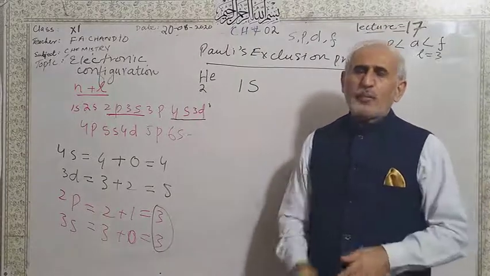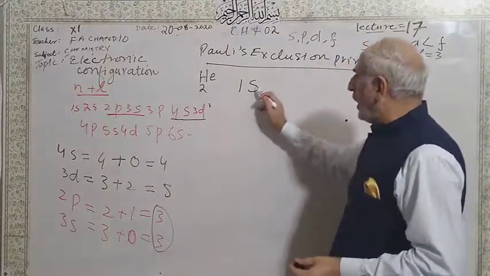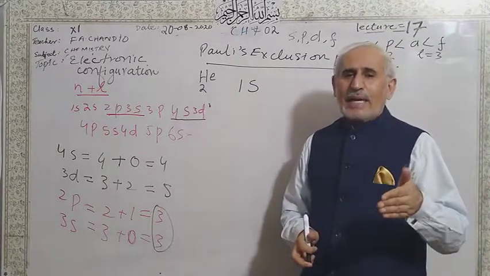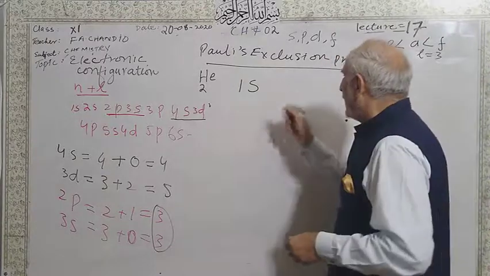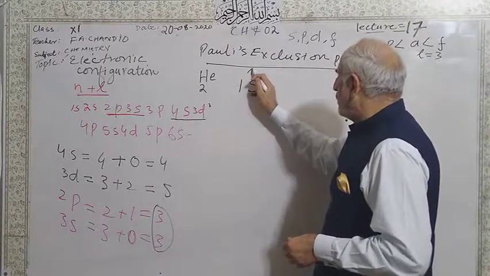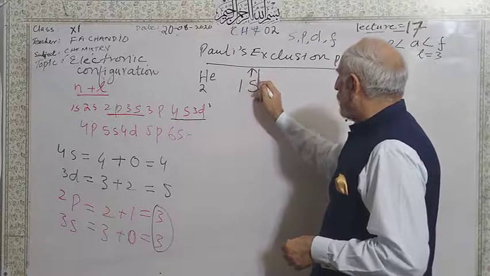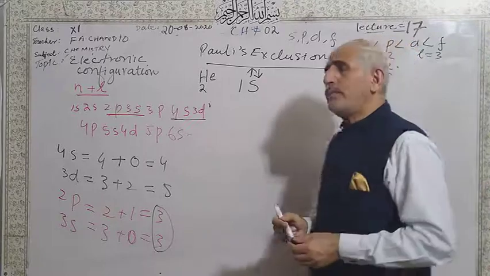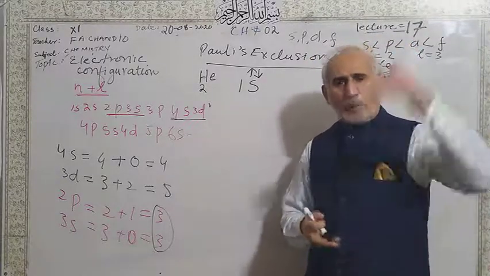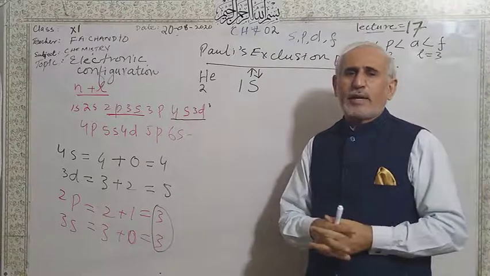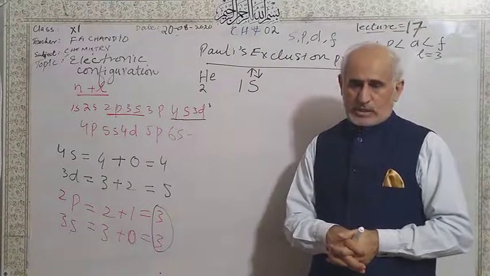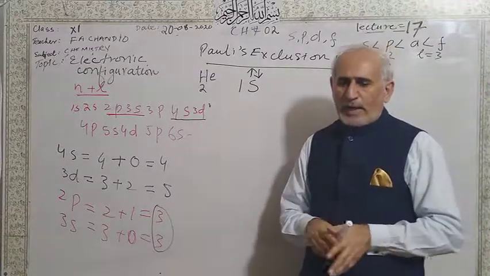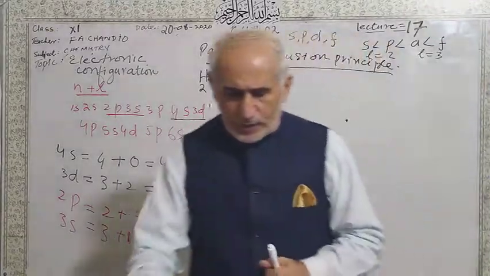According to the Pauli exclusion principle, when you accommodate more than one electron in the same orbital, their spin must be opposite. One should be upward and the other should be downward, clockwise and anti-clockwise.